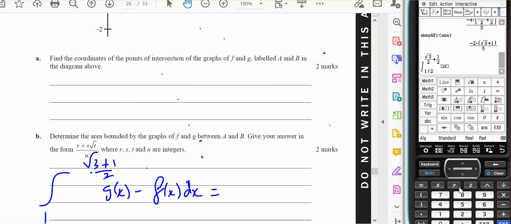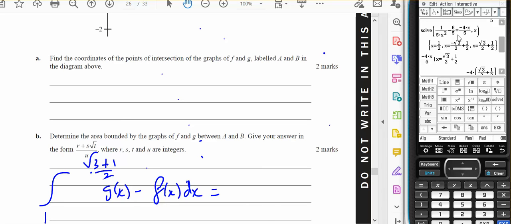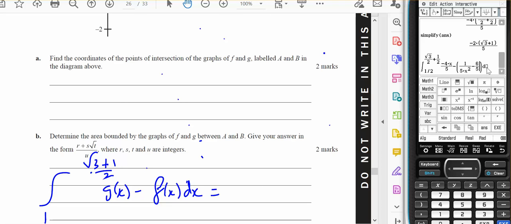Paste. Minus, and I'm going to go math 1, open up a bracket. So when I get this expression up here, which has positives and negatives in it, I'm just going to put it into the bracket so that my signs end up correct. And that's dx. And that gives me an answer. And if I press simplify, it gets it in the form that I want.